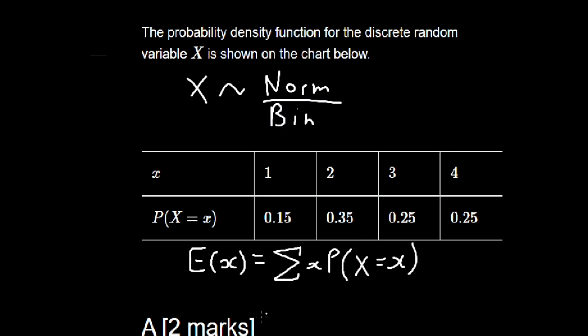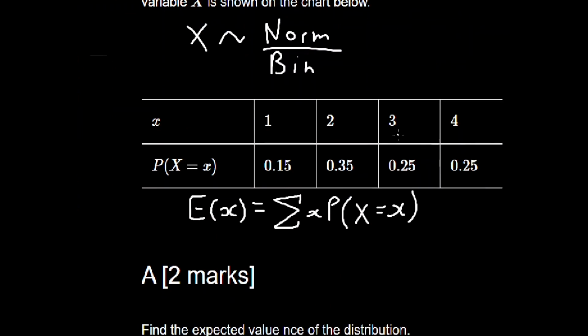So what that means is that if we take the very first example, x is going to be equal to 1. And then this is the probability, so we times it by that, 0.15. Okay, and then the next bit plus, because that's what the sum is, we grab the 2 and then do the same thing. So I'm going to draw it out all over here.